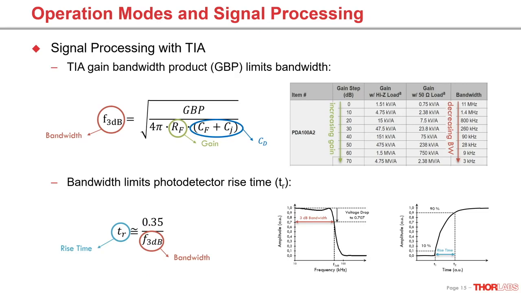To remember, the bandwidth limit is reached when the output voltage drops to 70% or minus 3 dB. The rise time of a detector is the measured pulse response between 10 and 90% of the signal.